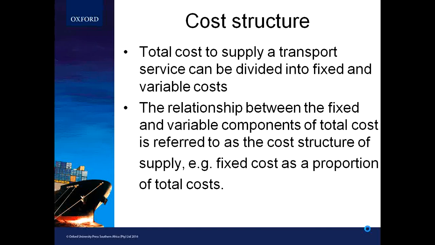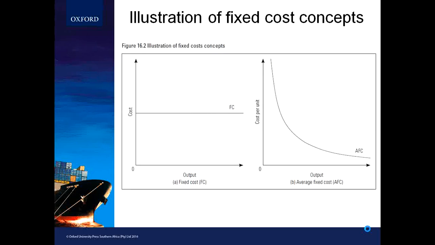The relation between the fixed and variable component of total cost is referred to as the cost structure of supply. For example, fixed cost as a proportion of total cost.